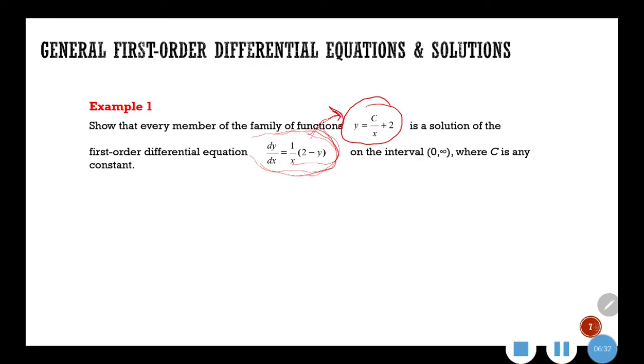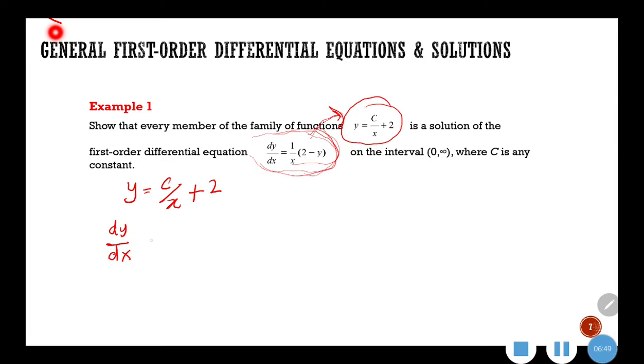Okay, so we use the first approach where we have the equation of the function y equals c over x plus 2. So from here we find its dy over dx.